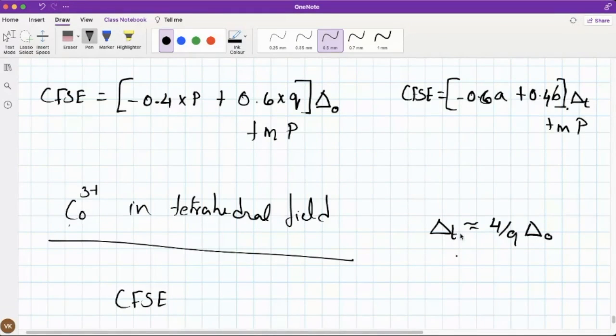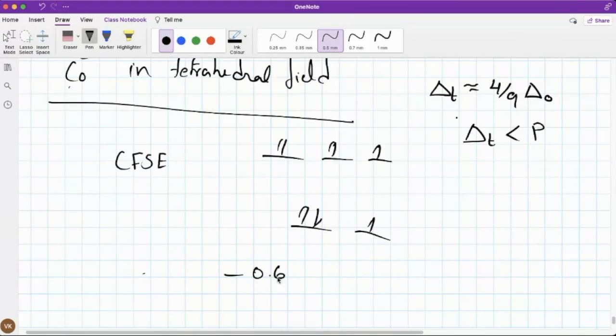So delta T is always lower than the pairing energy. So pairing will not happen first. It will always go to the e. After filling the e, it will always go to the t2. It's always high spin. There is no low spin state in a tetrahedral complex.